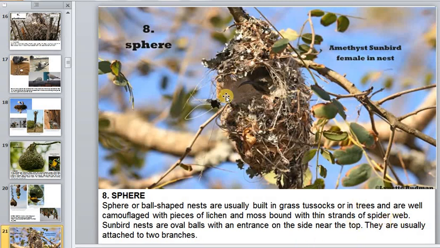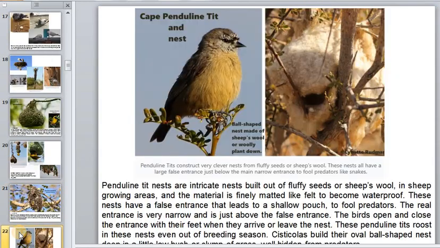Some birds' nests are oval balls with an entrance on the side near the top. Here is the top of the nest. They are usually attached to branches, like these two branches and the ball nest, but sometimes it can be made from wool. Here we see the nest.